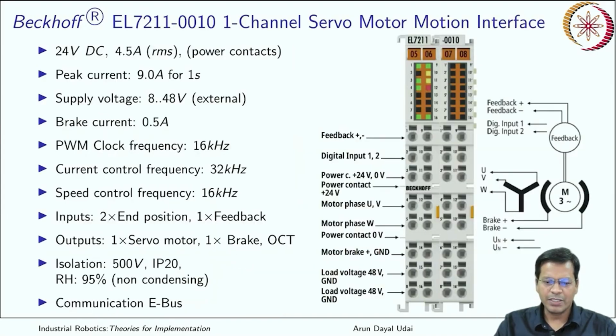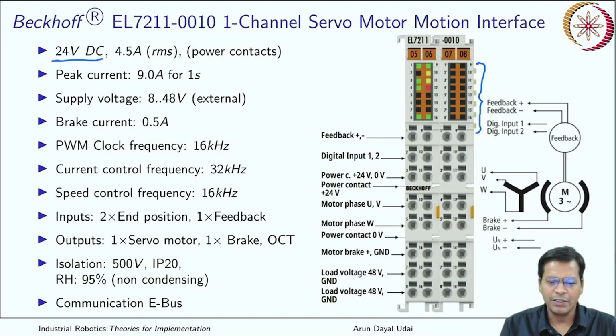Okay. So this is one such controller which takes care of everything. It can directly take input through the E-bus system, which is connected in a bus fashion as you have seen earlier, and with which you can feed in the signal. It can run using a 24 volt DC signal.